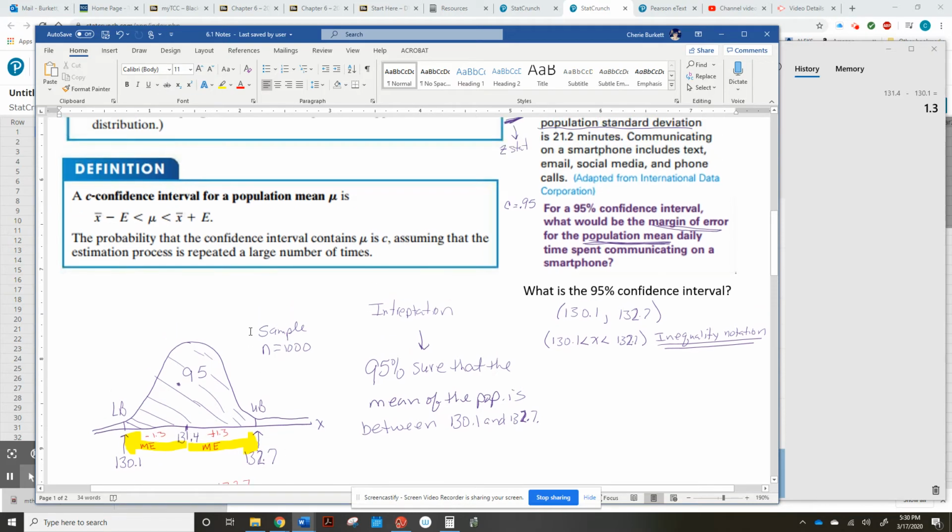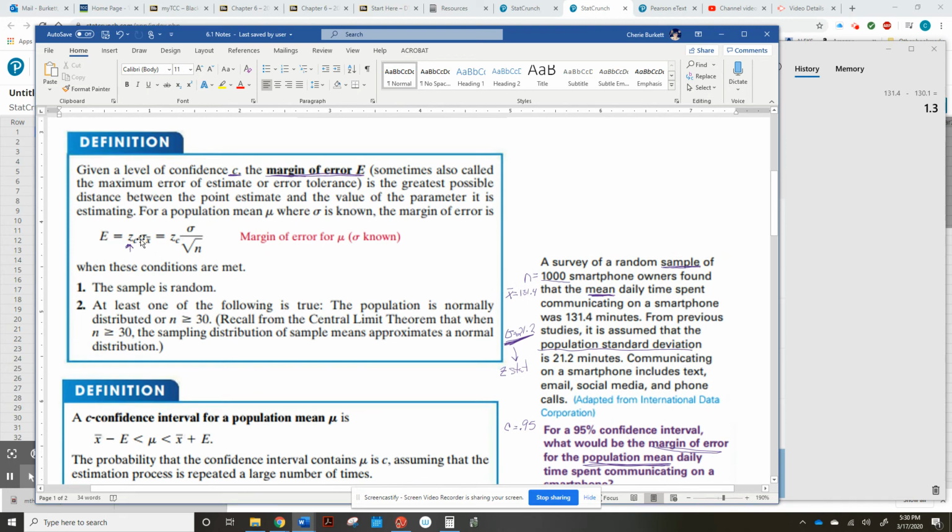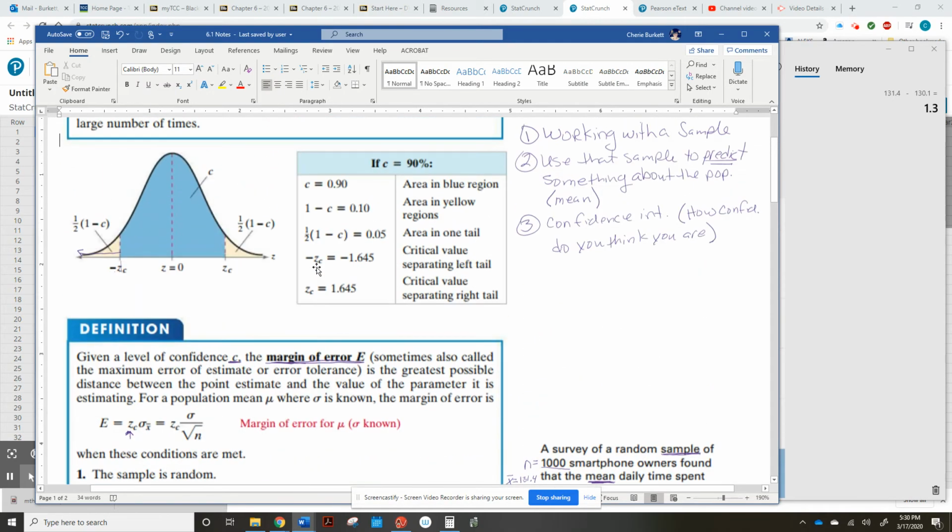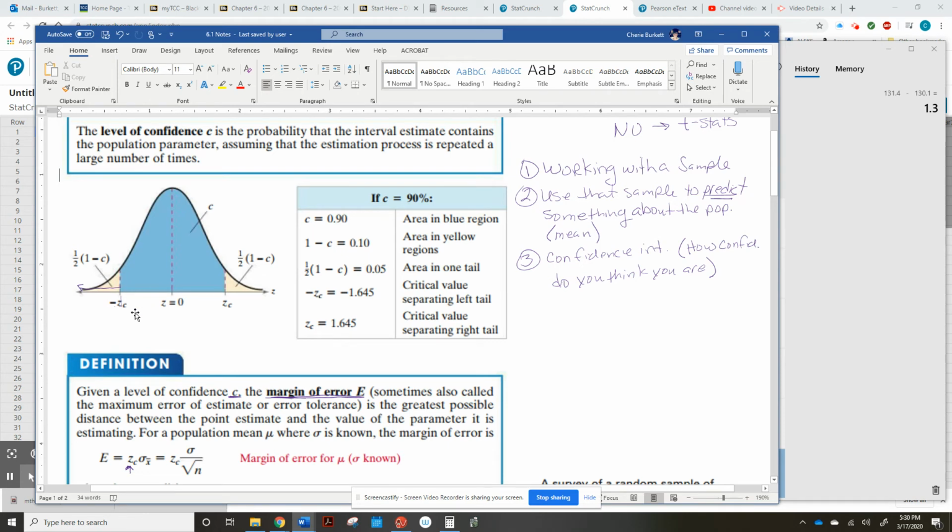If you're doing it by hand and you're using this formula right here, then this formula says to find the margin of error, you're going to need a z value for this confidence interval. Okay, so again, look, this is not an x-axis, this is a z-axis. So you're going to have to get a z value for those x values for this confidence interval.